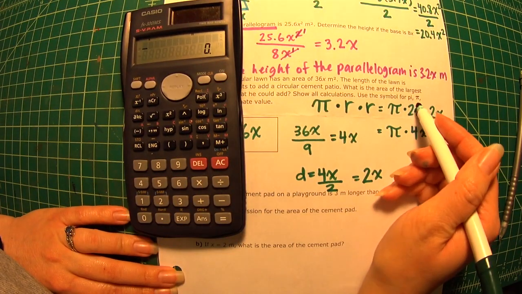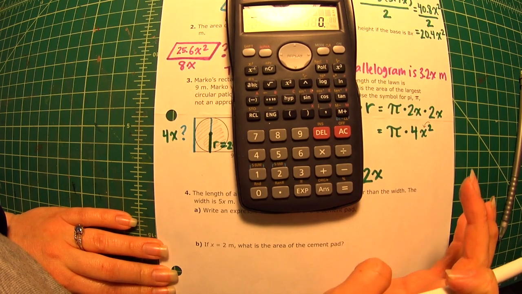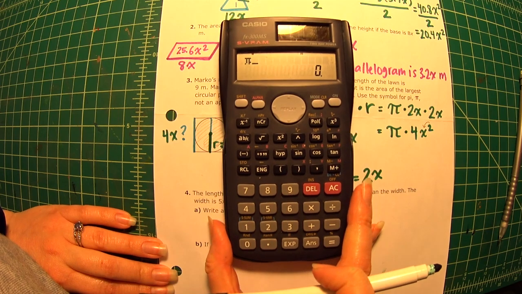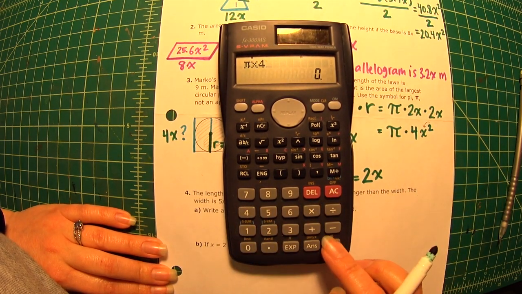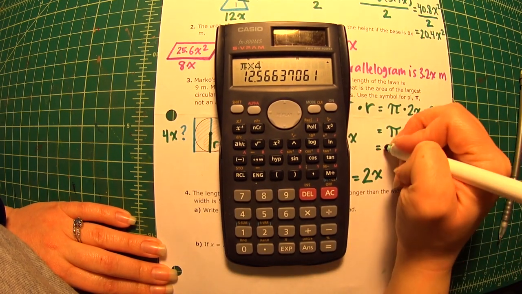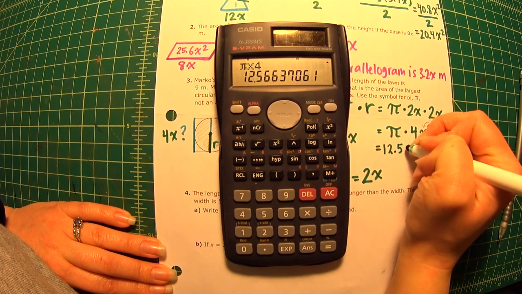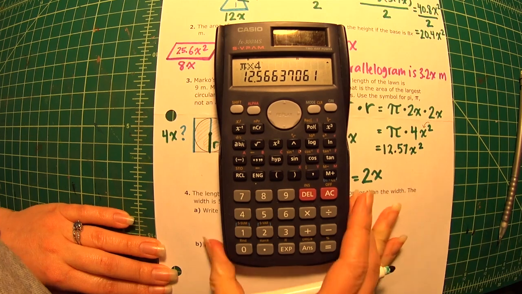And they did say to use the actual function of pi. So I've got my Casio here. Shift pi, and then just times 4. I'm going to round it to the nearest hundredth. So it comes out to 12.57x squared.